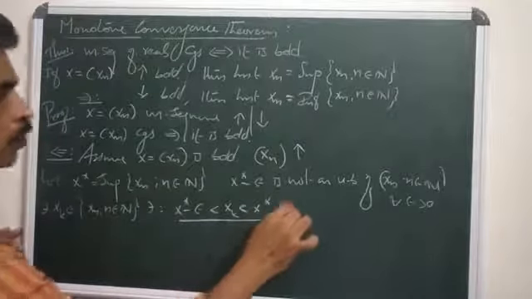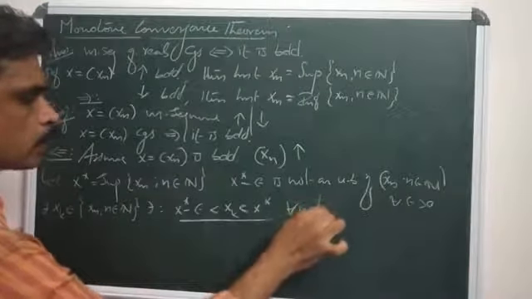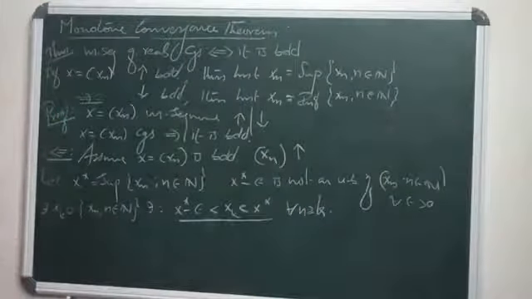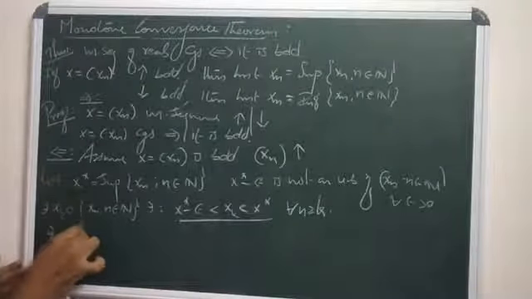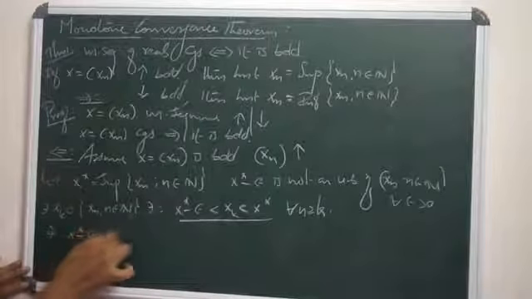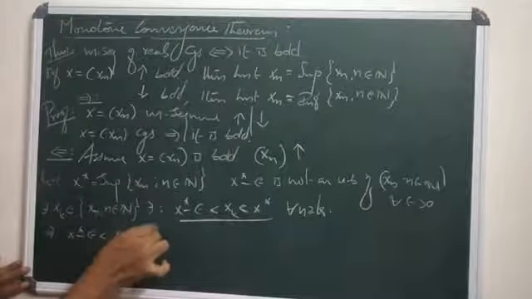So this is true for every n greater than or equal to k, that means x* minus epsilon is less than xn, which is less than x*.